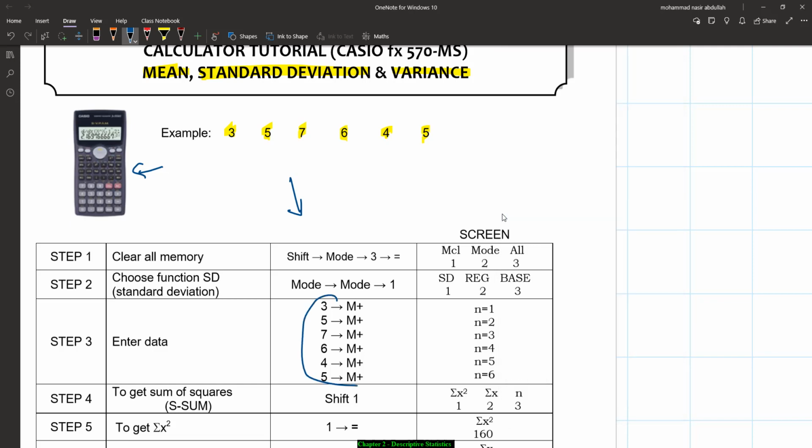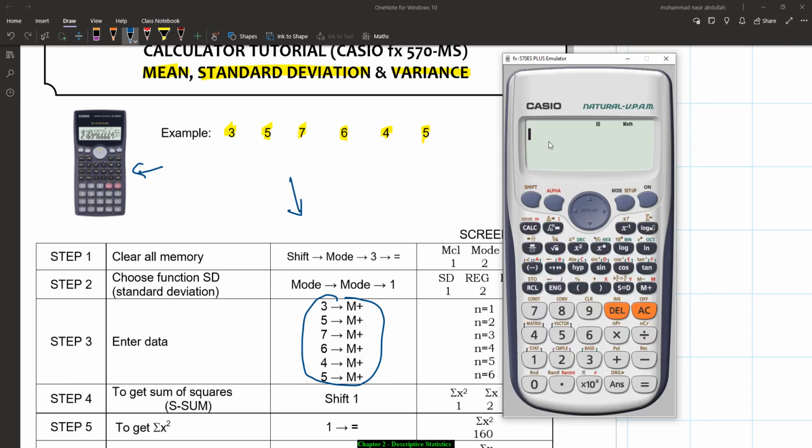You key in the data, you cannot recheck what you keyed in, whether you keyed in the right number or wrong number. What you can do is double confirm by redoing the steps. But if you are using the new calculator, 570ES, you can recheck the numbers you keyed in.